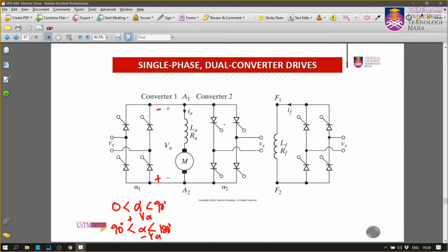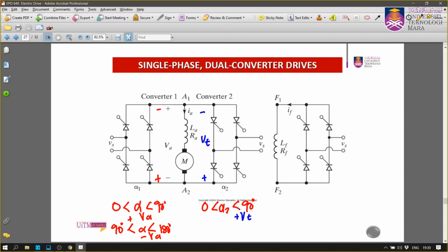And for converter 2, again a similar operation. Alpha 2 has to operate from 0 to 90 degrees. Let's say I put this in blue first. If you operate alpha 2 from 0 to 90 degrees, you will get this plus and minus. Let's say this is VT. I would say VT first, so positive VT.